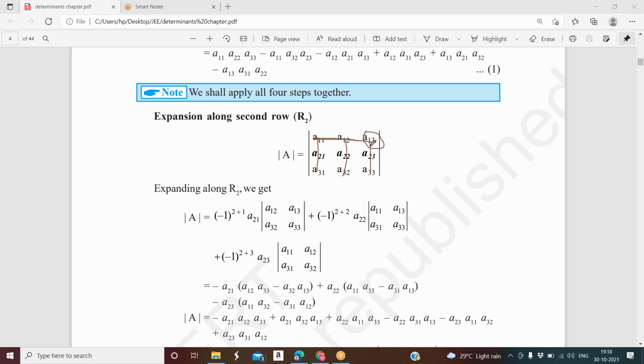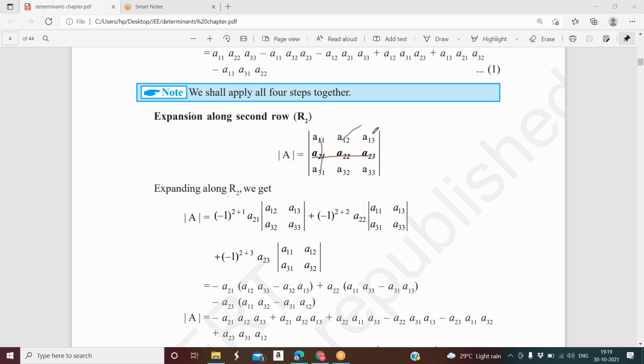So this is the expansion along the first row. Similarly, when you expand along the second row, how to consider first A21? Delete the row having the element A21 and the corresponding column having the element A21.